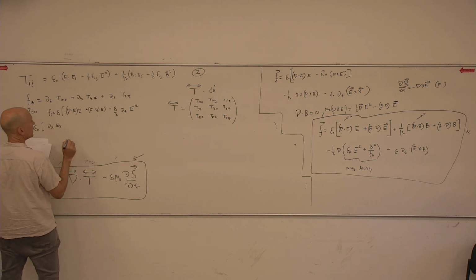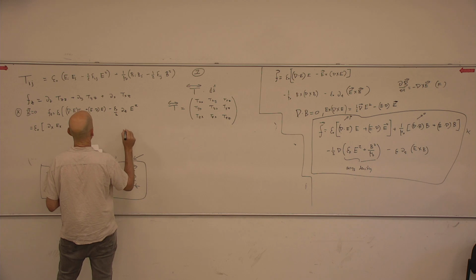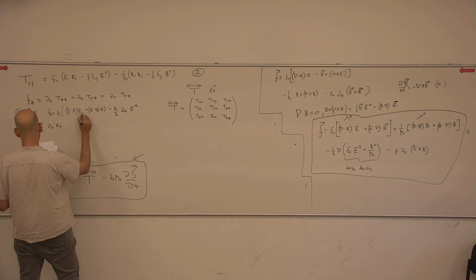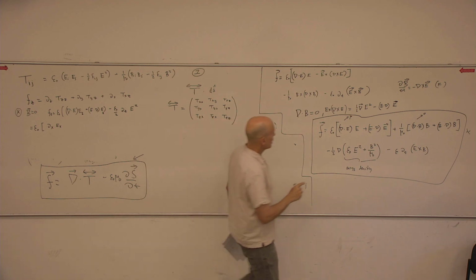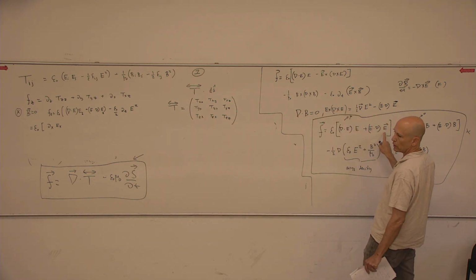So this is E. Yeah, so here, okay, so let me write it down. So this guy is Ez, this is a mistake, and this guy is Ez. You see why? Because the direction of the vector F is given by this one and this guy.